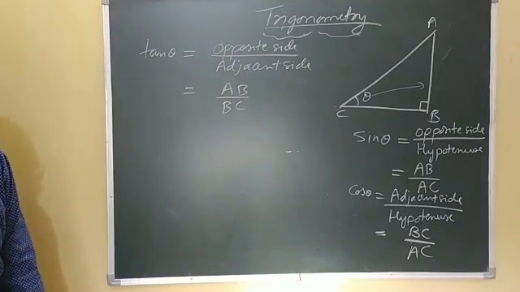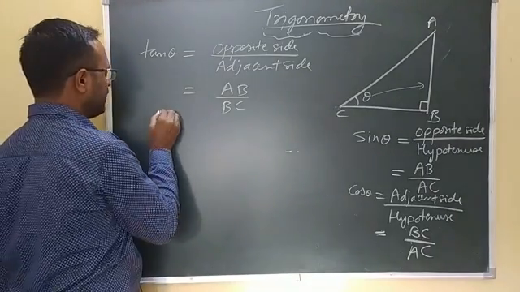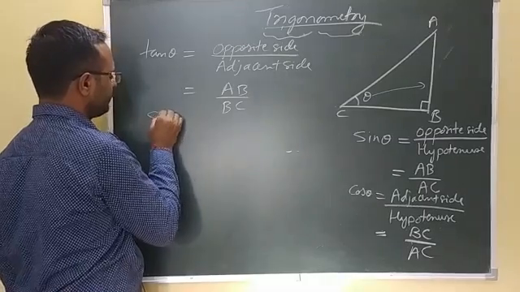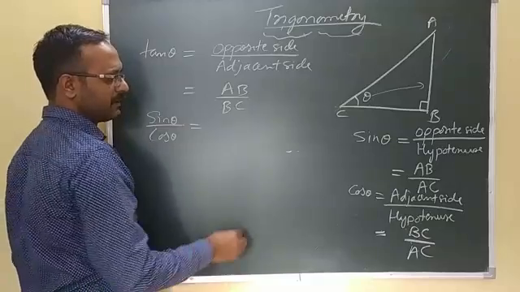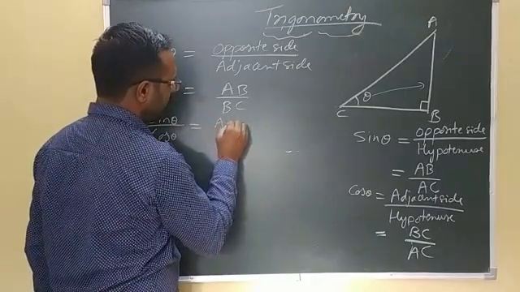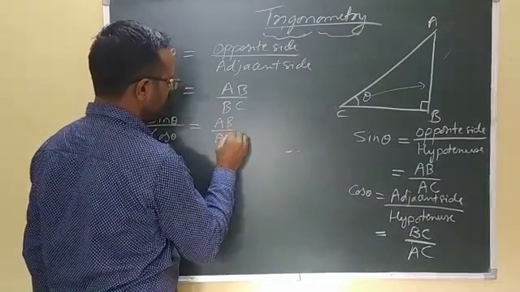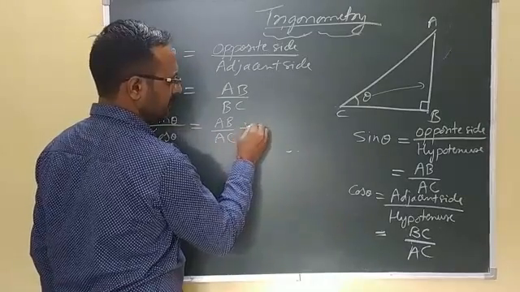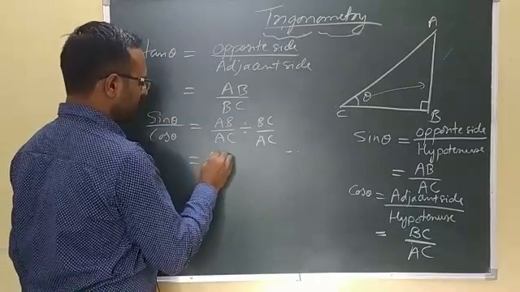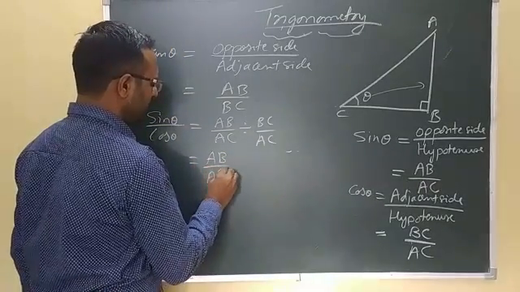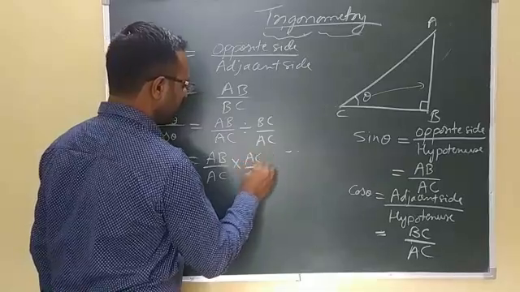You can also see that if I divide sin theta by cos theta, then the value you will obtain is AB upon AC divided by BC upon AC. So it will be equal to AB upon AC multiplied by AC upon BC.